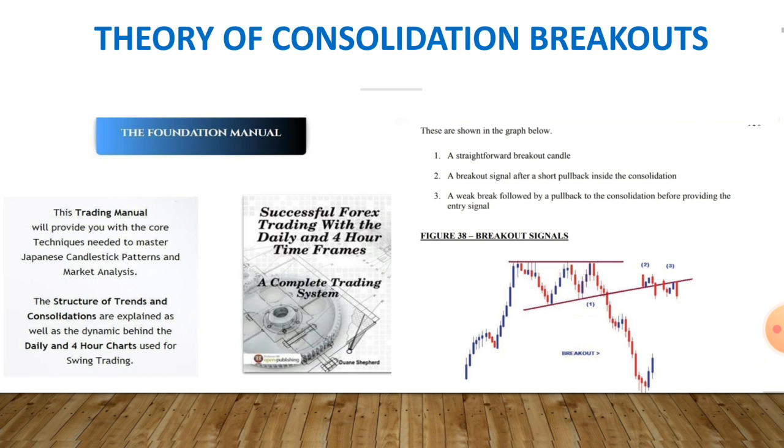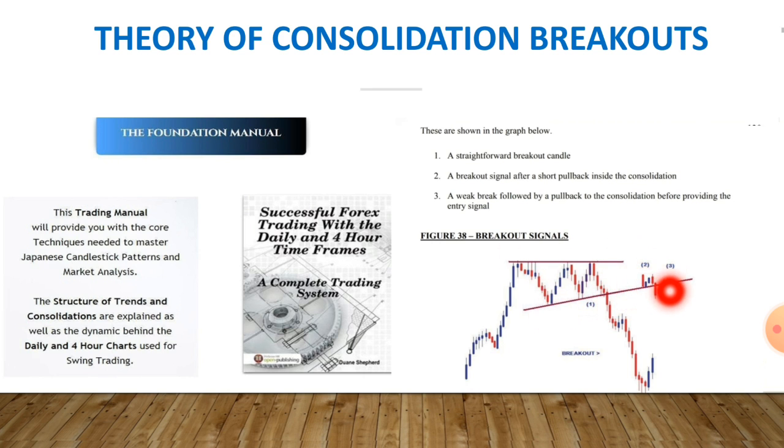So that breakout is actually representing an example of consolidation breakouts, which you will see described in my trading manual, where I show you the three main ways in which the market can start consolidation breakouts. The first one is where the market will provide us with a strong signal that breaks the support boundary or even the resistance boundary.